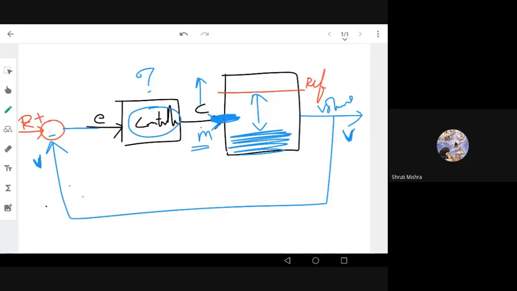Yesterday we discussed one type of controller, that is the proportional controller, right? We tried to model the controller, we tried to derive a mathematical equation, but we want an algebraic equation. There was calculus, there's a d by dt. So we know m dot is nothing but d by dt of m, the rate of change. This m is volume into density, right? So d by dt of volume into density.